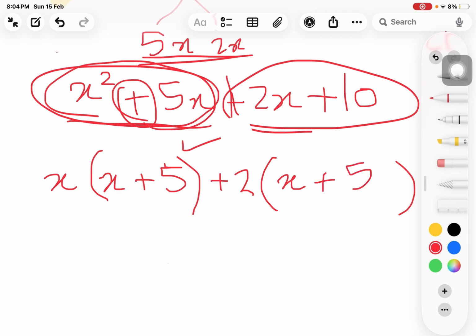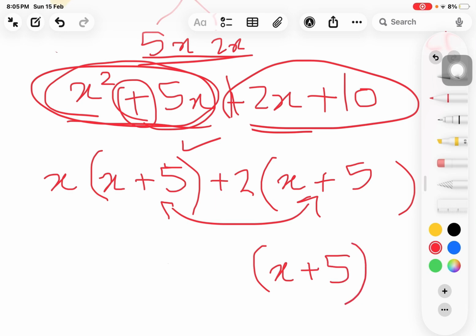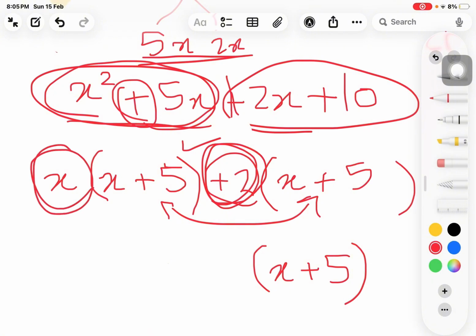How do you make sure that you are on the safe side? Those two brackets should be the same bracket, basically the same numbers, the same signs, all of them. Because those two are the same, we will count them as one bracket, which is x plus 5, and the numbers outside of those brackets, x and 2, you should add them.